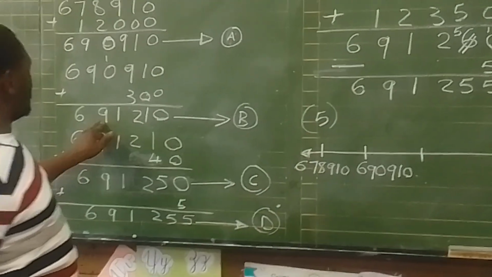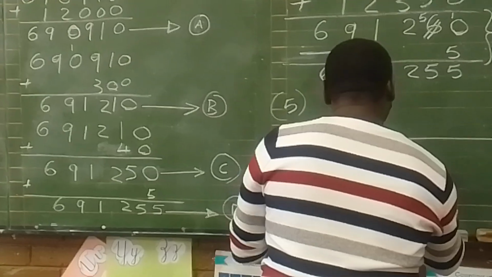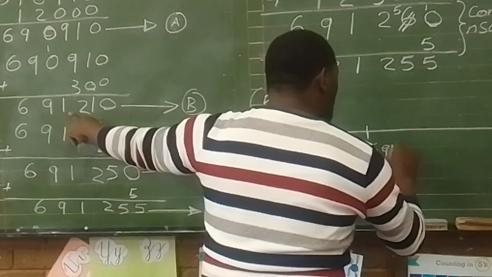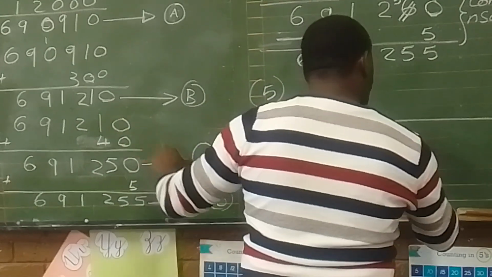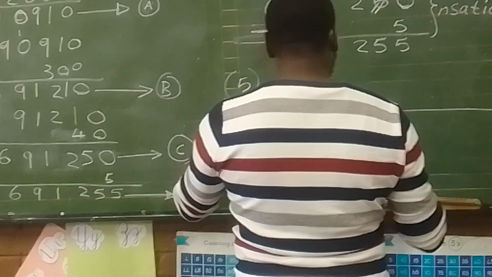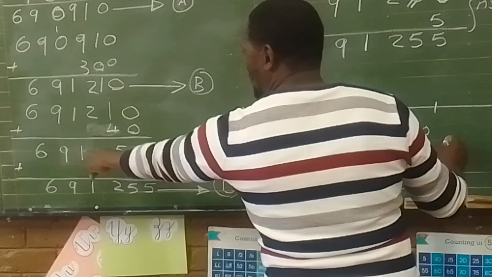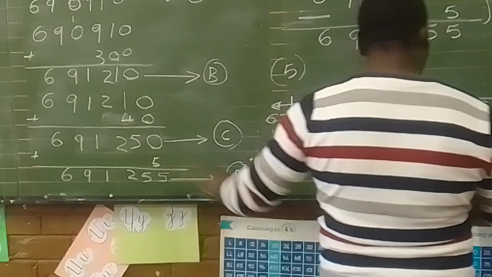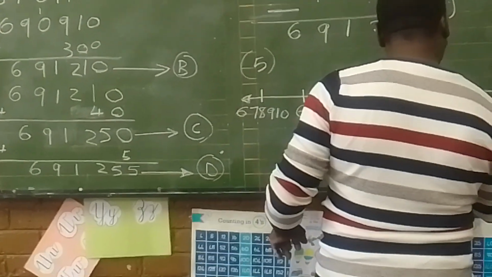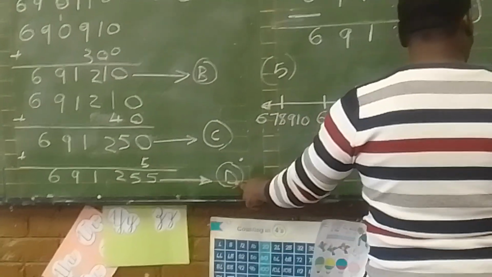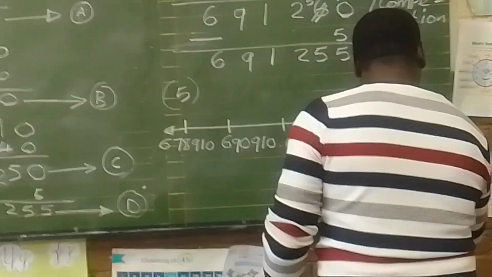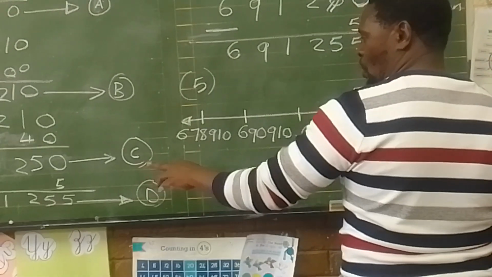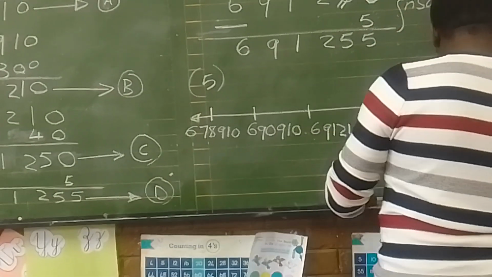We come to B, 69110. We come to C, which is 691250. Take the last one, which is 69125.